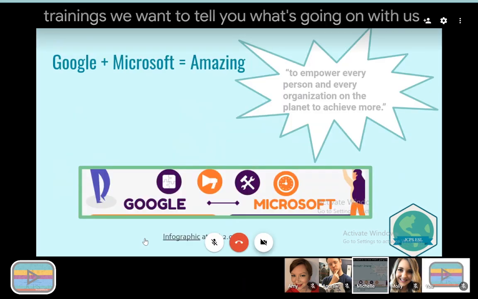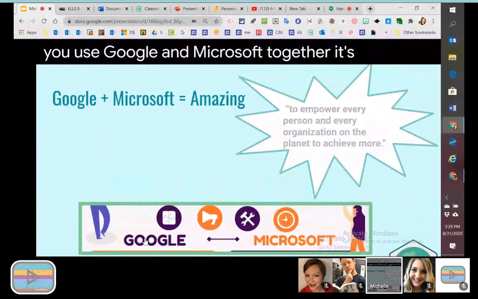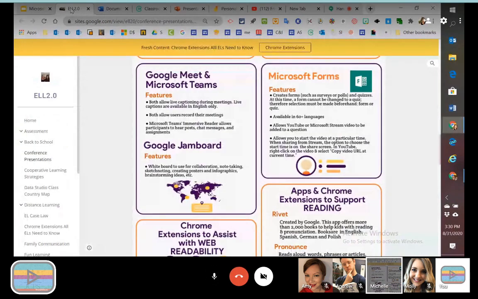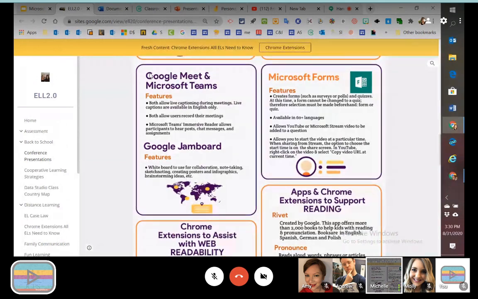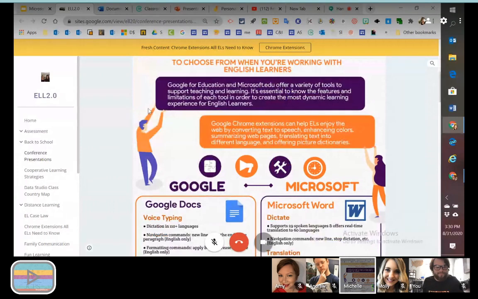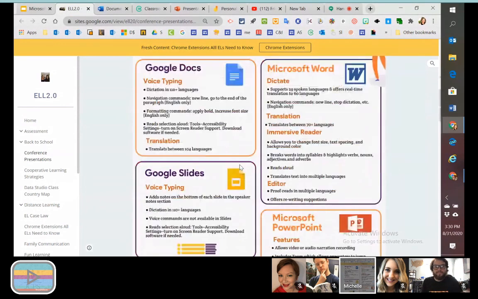So first of all, we want to tell you that it doesn't need to be about Google or Microsoft. We think that when you use Google and Microsoft together, it's awesome. So I want to show you. Matt, do you know Irina McGrath? I do, yes. So she's my partner in crime, and we have this little website that we do just for fun. It's called ELL 2.0. And this summer we did a conference and we actually looked at all the accessibility features in Google and Microsoft, and we wanted to compare them so people could see the different languages.